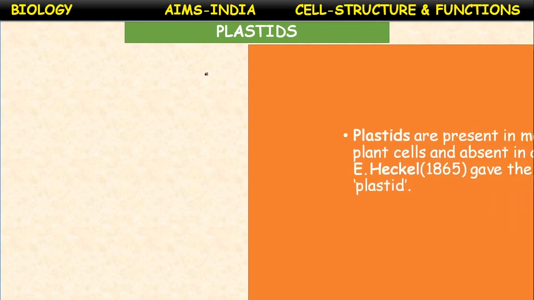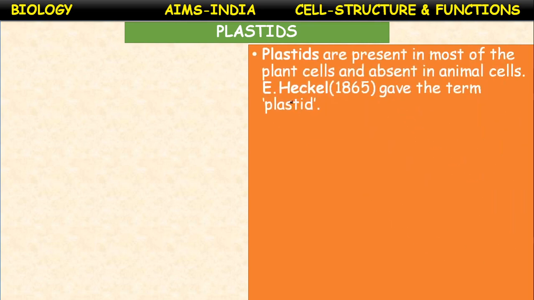Next, plastids. In order to study these plastids also, there is one activity: the observation of chloroplasts in Rheo leaf. Take a peel of Rheo leaf and mount it in water on a slide.